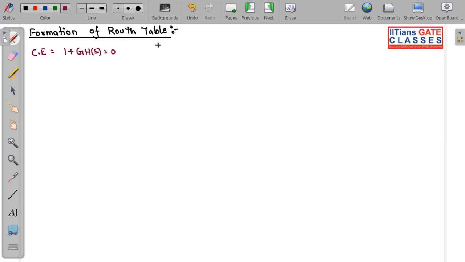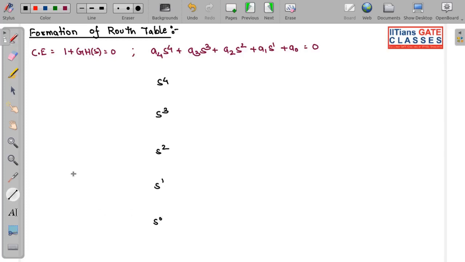If it looks something like a4 s to the power 4 plus a3 s cube plus a2 s square plus a1 s to the power 1 plus a0 equal to 0, then how do we formulate the Routh table? It is very simple. We write s to the power 4, s cube, s square, s to the power 1, s to the power 0.